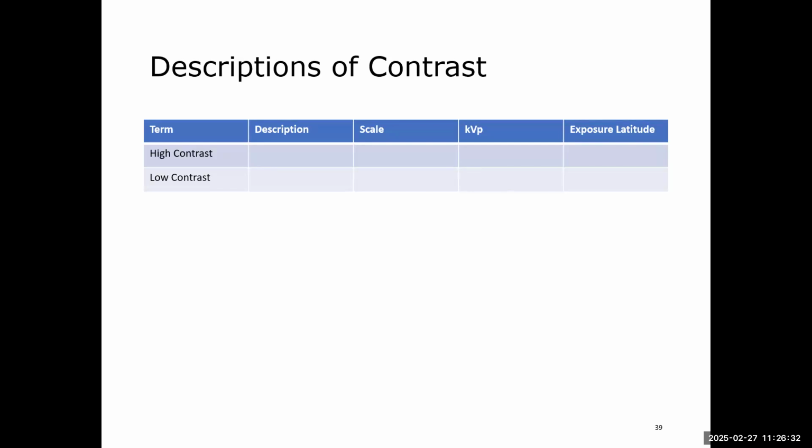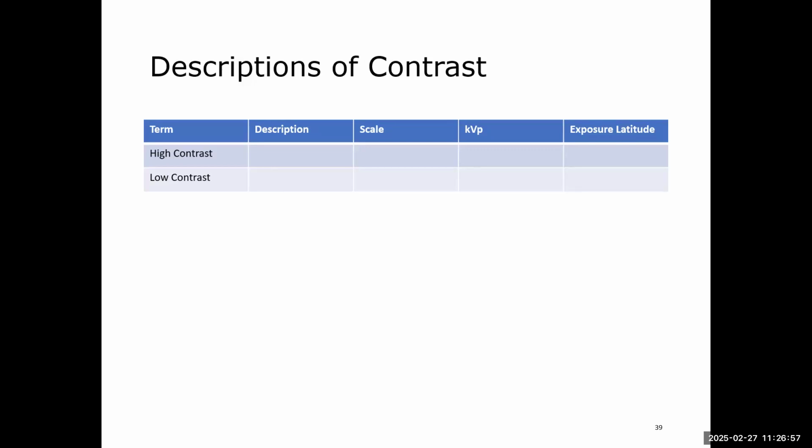So when we talk about high contrast, what kind of description is that? Black and white. If it's high contrast, that means there's a lot of difference between the brightness levels. So the highest contrast would be totally black and totally white. Just the most difference, right?